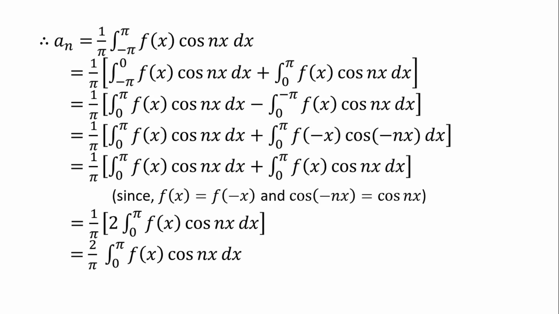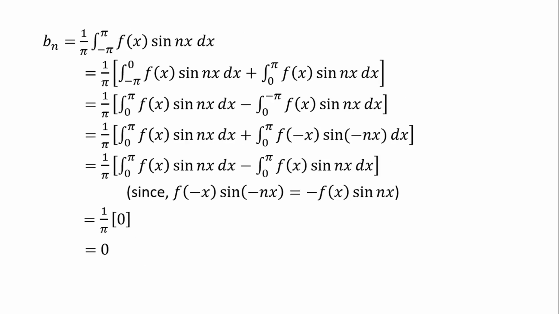Now, the third Fourier coefficient bn. Here again we do the same. We know that bn is 1 by pi integration minus pi to pi f(x) sin nx dx. Here also we divide it into two intervals, minus pi to 0 and 0 to pi.